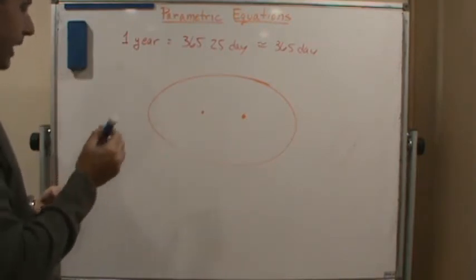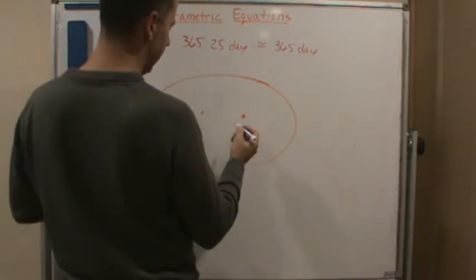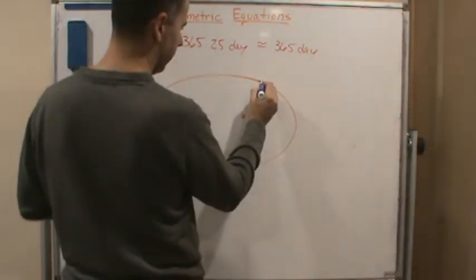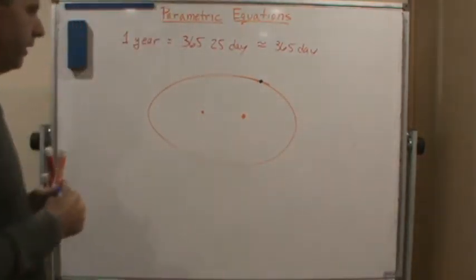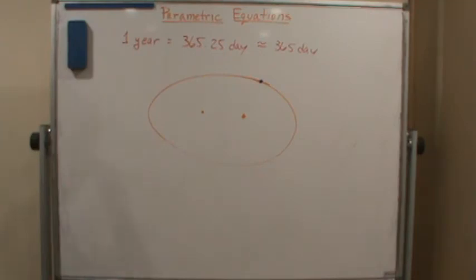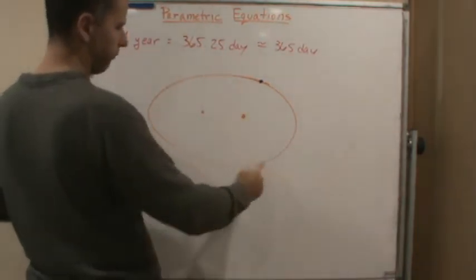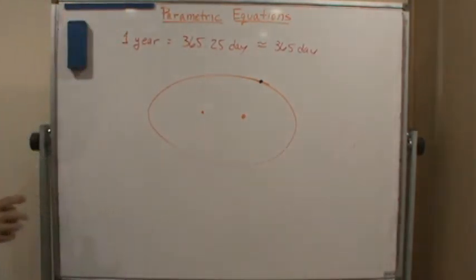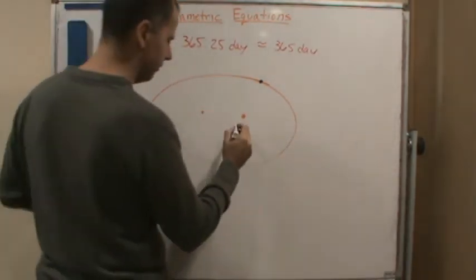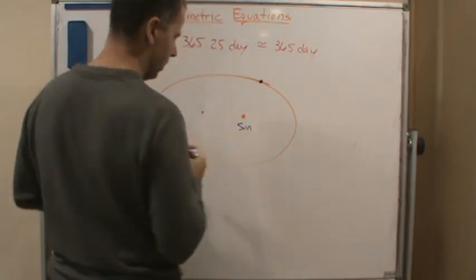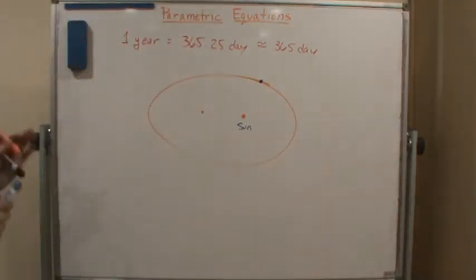And let's say the Earth is there, and then as it's going around the sun, right? So here's the sun. As it's traveling around the sun, every day that goes by means that our Earth is somewhere along our orbit.